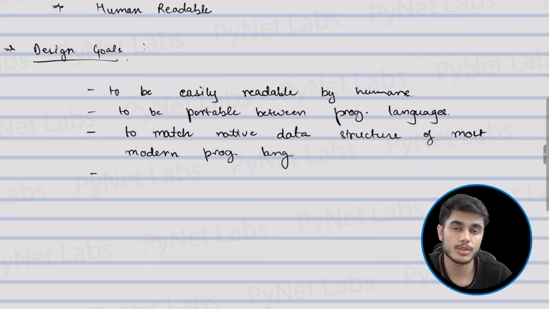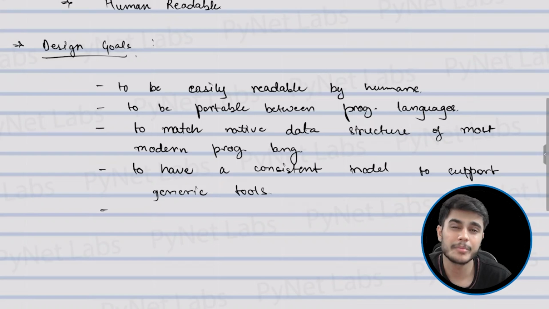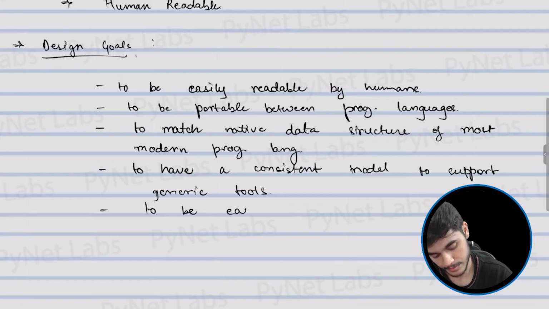And the fourth one is to have a consistent model to support generic tools. And then finally, to be easily implementable and usable. So we can say to be easy to implement and use.